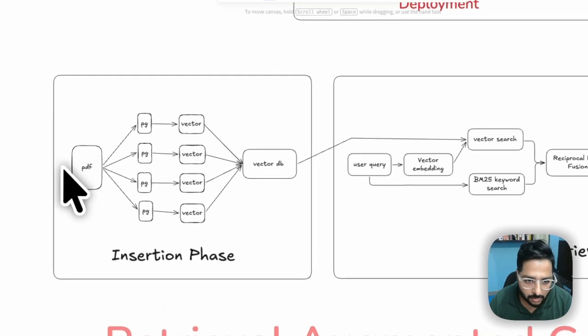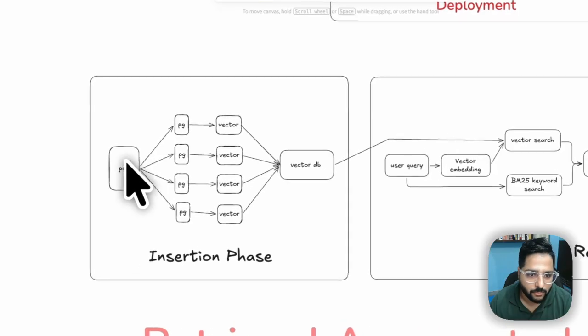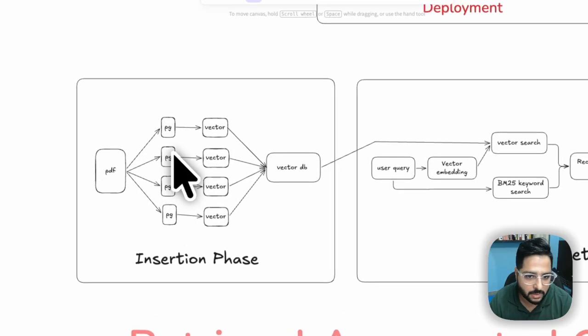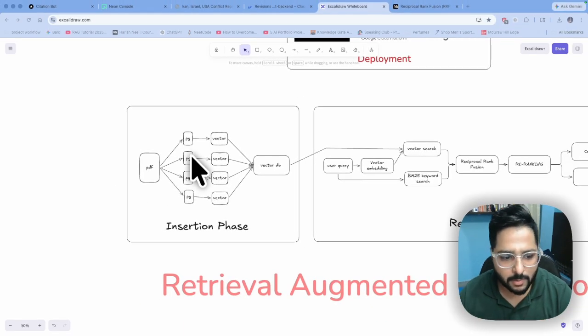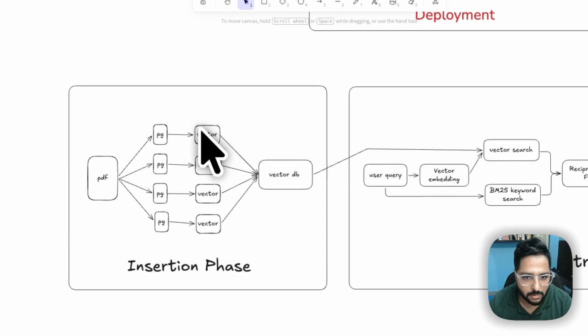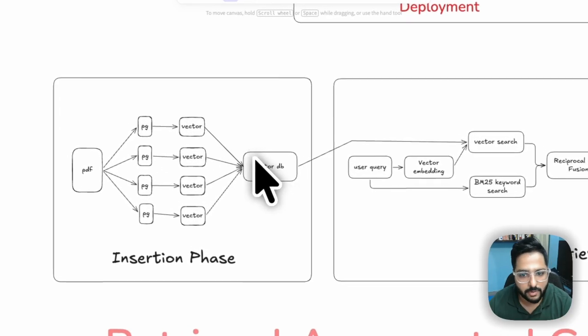In the insertion phase, we have multiple pages. To make it a little bit simpler, I have not used a chunking strategy here. I considered one page as one chunk. So as you can see, each page has a vector, and that vector will be saved in a vector database.